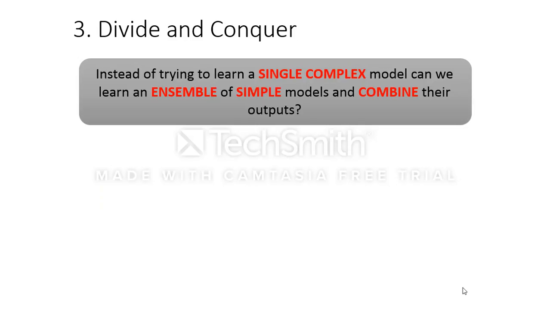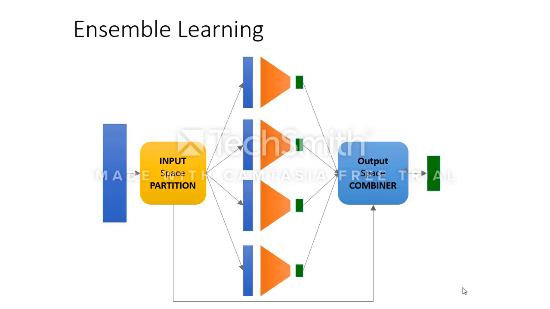The third approach to this problem is divide and conquer. This is what we call ensemble learning. In ensemble learning, instead of learning a single complex model, now we understand what is complex. If I say a deep decision tree is complex, a neural network with many hidden units and hidden layers is complex, a SVM with RBF kernel is complex.